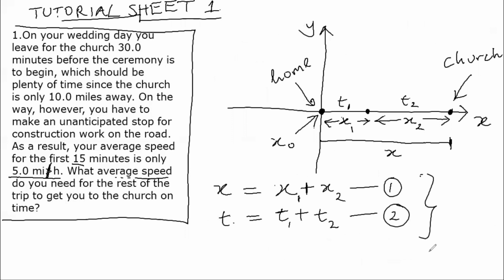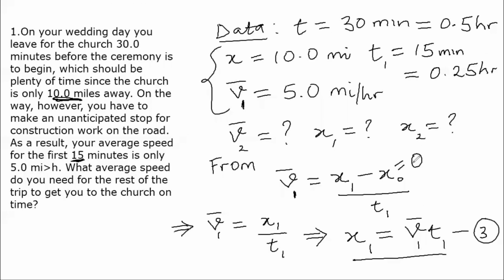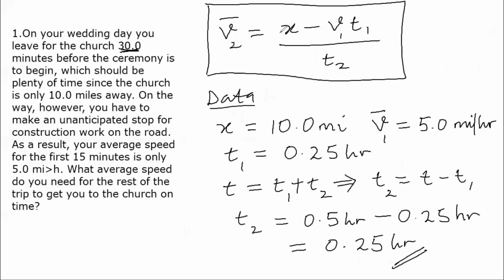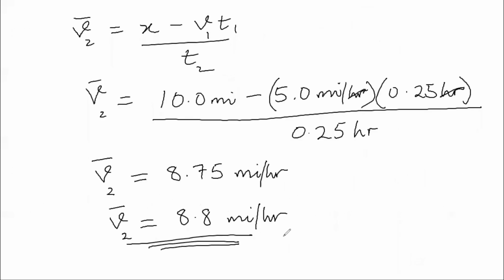And then throughout the question, I made sure that I was only dealing with symbols until I arrived at the symbolic answer. It is in this symbolic answer that I plug in all these values until I reach the numerical answer. So in short, that is how you work out physics problems.